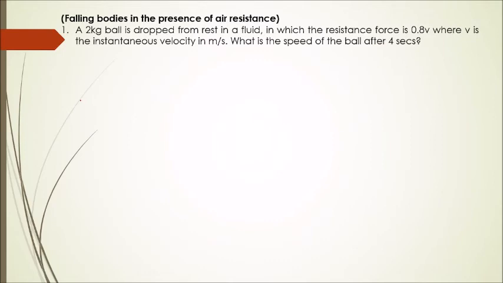I haven't written it yet, so let's jot down first. The mass is actually 2 kilograms. Then we have this drag force. Actually, this resistance force is the drag force, Fd, equal to 0.8 v. Meaning Fd is equal to kv, where k is equal to 0.8.